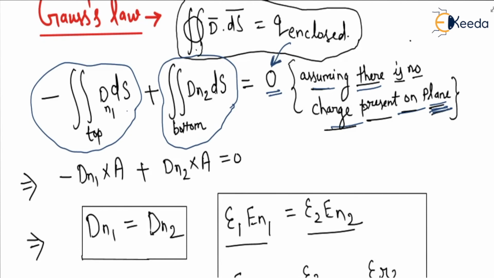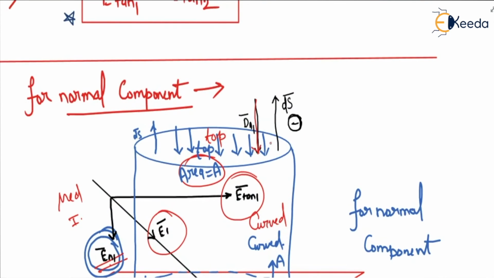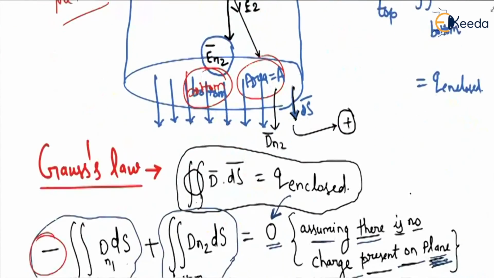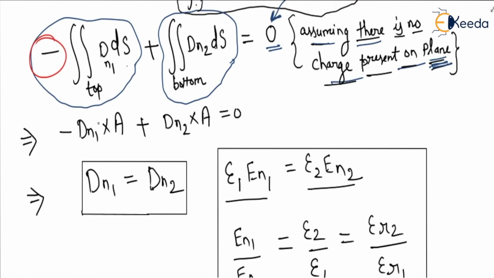And why have we taken the minus sign for the top surface here? Because these two vectors are in opposite directions. Dn1 vector is in the downward direction, but dS vector is in the upward direction, so these two vectors have a 180-degree angle. So since there is a 180-degree angle, that's why the minus sign is present. Now minus Dn1 into A. Why A? Because when we integrate dS, we obtain the total area, and the total area is A, plus Dn2 into the integration of dS, the total area for the bottom surface, which is also A, is equal to 0.